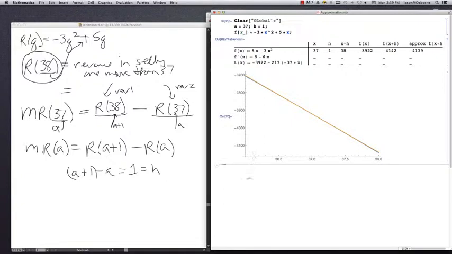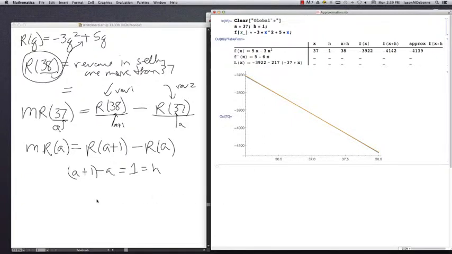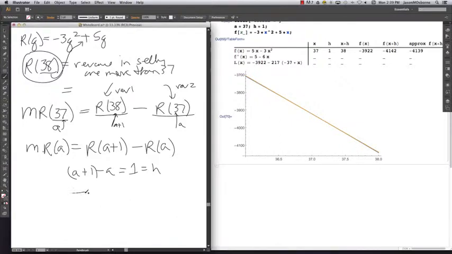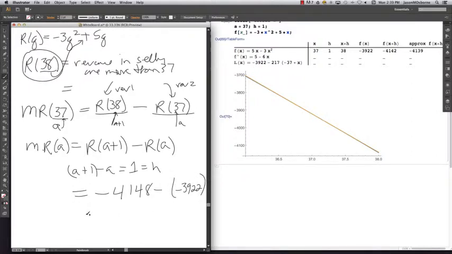When A is 37, at 38 you get a revenue of 4142, minus your revenue for selling 37 gadgets, that's your X value, 3922.